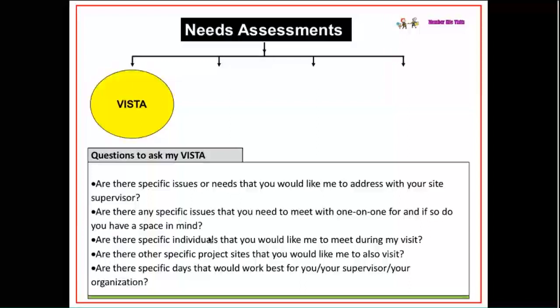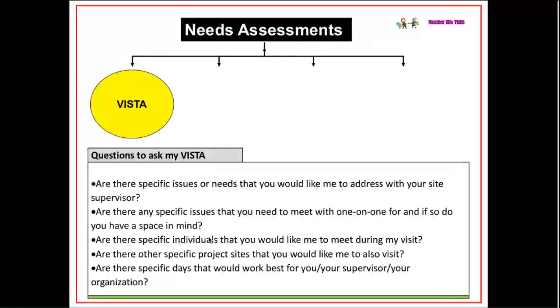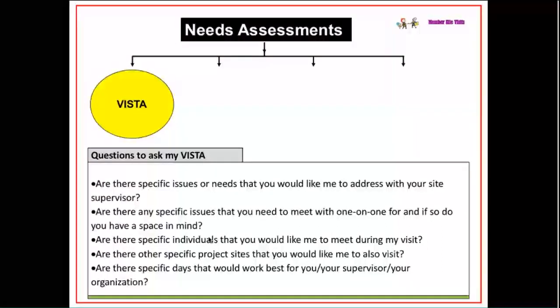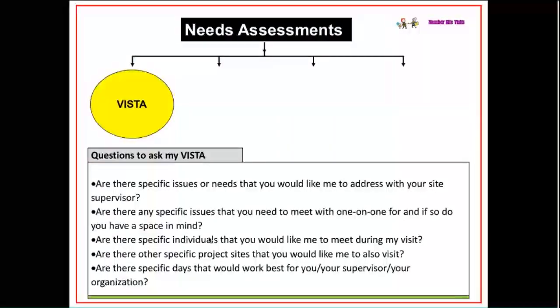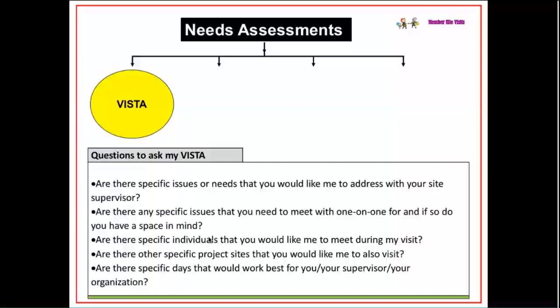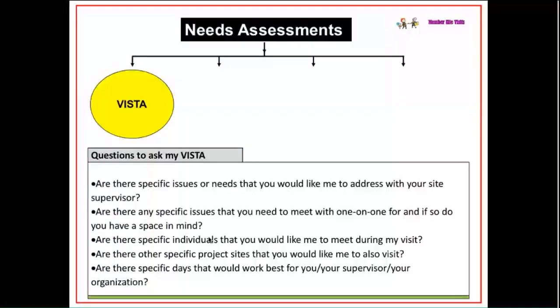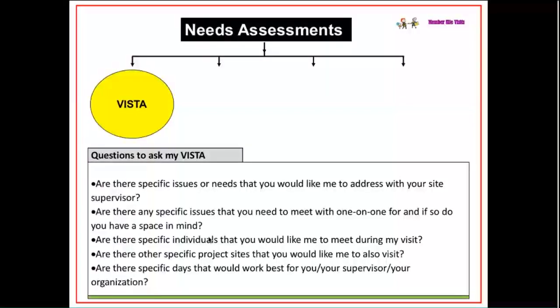And then also finding out what the most effective days are, because in some organizations with some projects, maybe Wednesday is a day that they have such an event going on that it is very hard for a VISTA member or a supervisor to spend time with me as a leader.